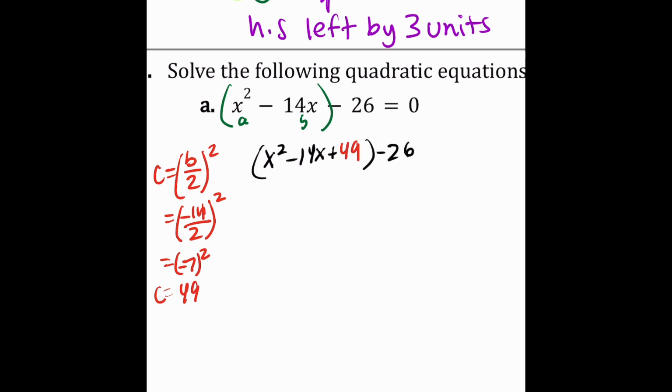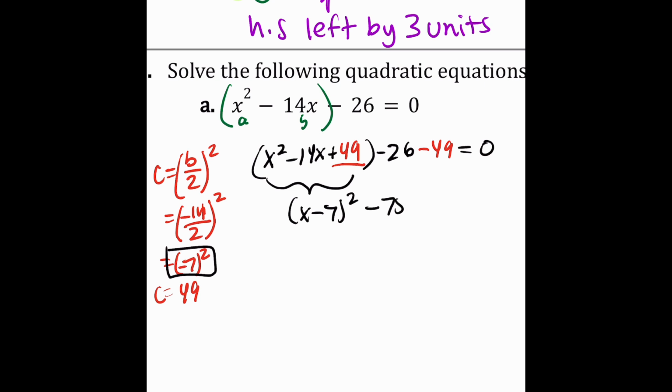Since I added 49 inside, I'm going to subtract 49, equals 0. What did I have before I squared it? I had x minus 7 squared. Negative 26 minus 49 is going to give me negative 75 is equal to 0.